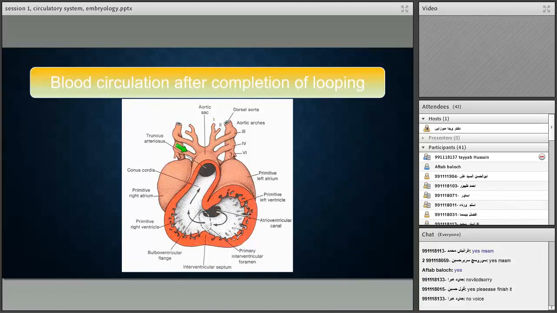I will explain the blood circulation completely in the last session, okay?